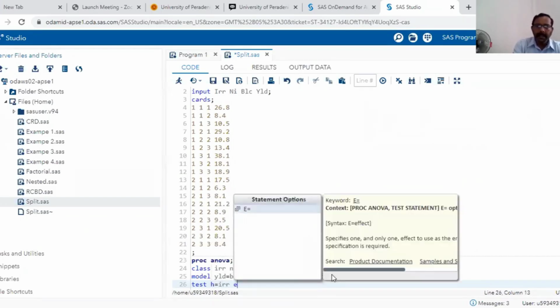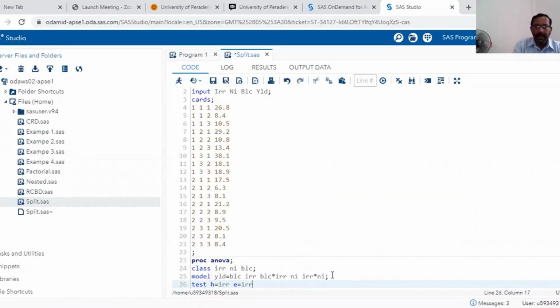Error term. What is the error term? Irrigation into block. We can write irrigation into block or block into irrigation. It will give the same answer. Don't worry about that.